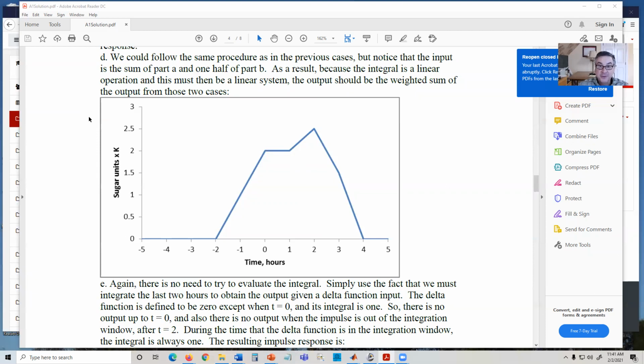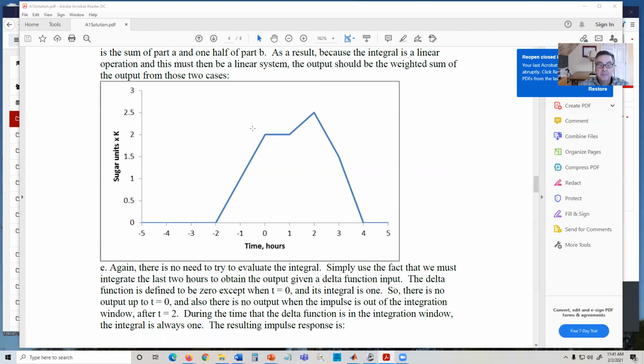It's fine for you to do it the hard way if you get the right answer, but if you do it the hard way, there's a lot of places you could make a mistake. Okay, so here's an example of do it the easy way. If you want to call it a trick, we'll call it a trick. But it's important to recognize that because it's a linear system, right? That's one of the key things about it being linear: we can take it apart into pieces and then put the pieces back together.